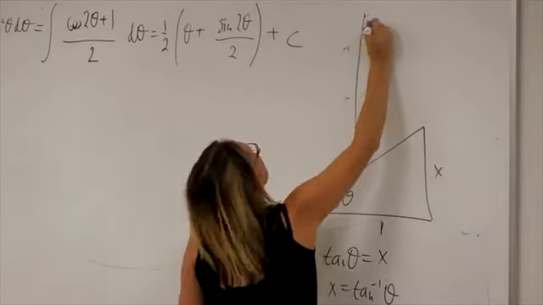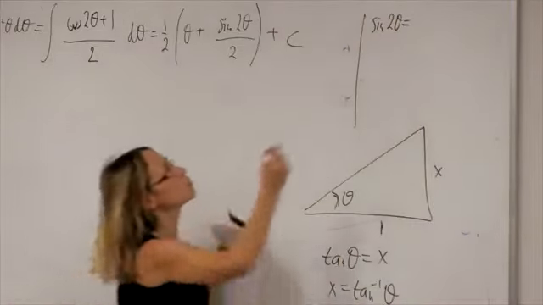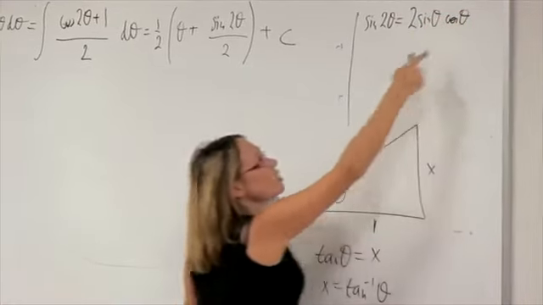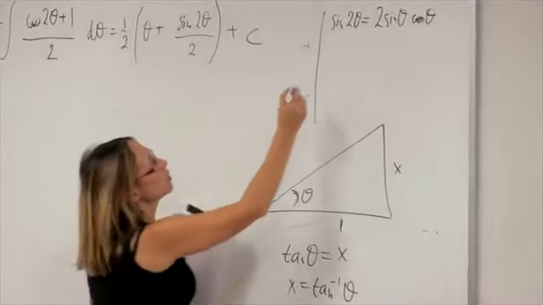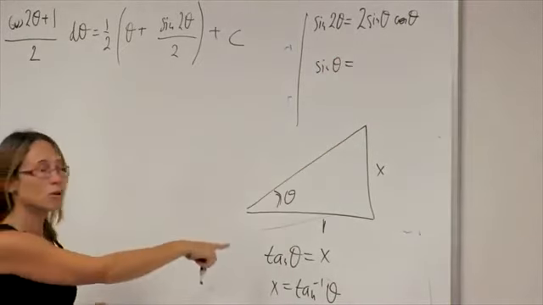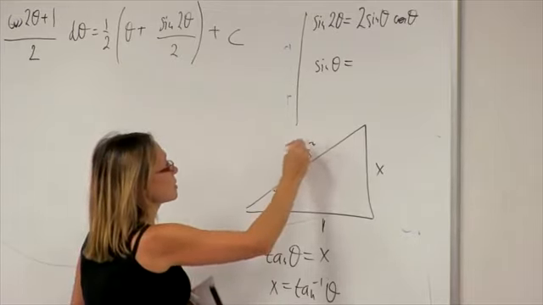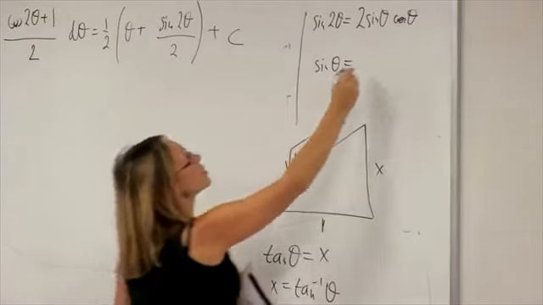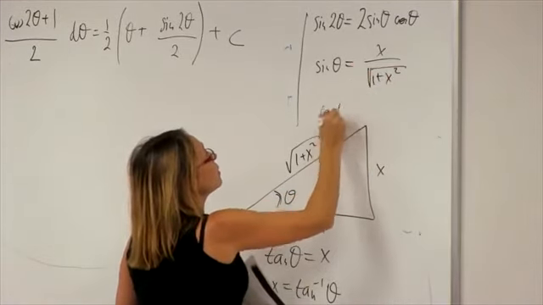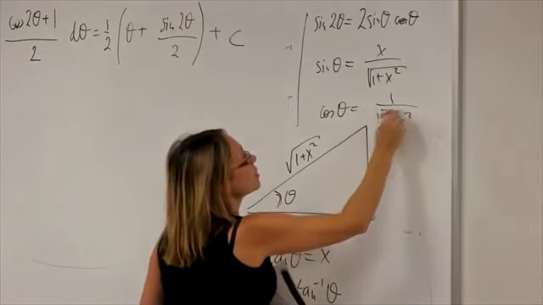Here I write sine 2 theta. How do I evaluate that? I remember that this is equal to 2 sine theta cos theta. So I need both sine and cosine of theta. What are they? Sine theta, that's something that I can evaluate from the triangle. What's this side? This is going to be square root of 1 plus x squared. So the sine is x divided by square root of 1 plus x squared, and cosine is 1 divided by square root of 1 plus x squared.